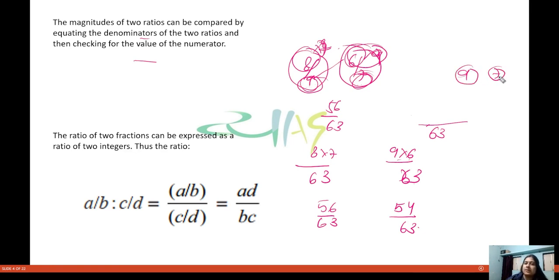So I will multiply 8 into 7 and I will multiply 9 into 6, and then you will compare. So I know 8 sevens are 56 and 9 sixes are 54, so this is 56 by 63 and 54 by 63.